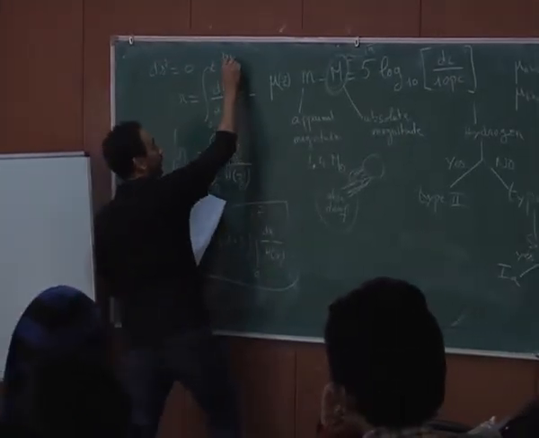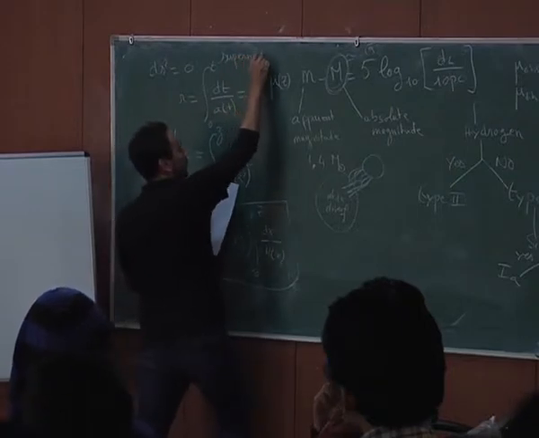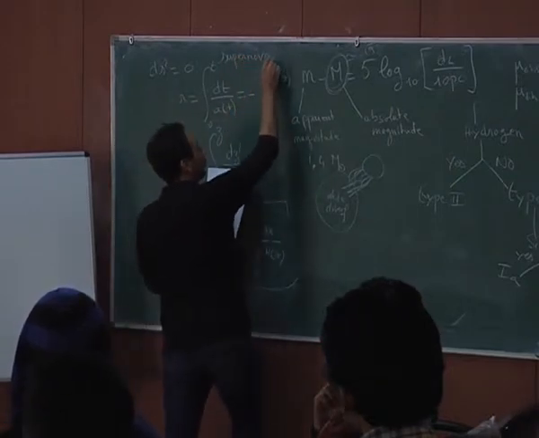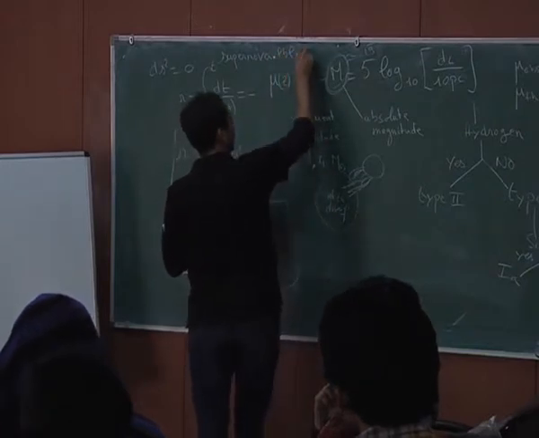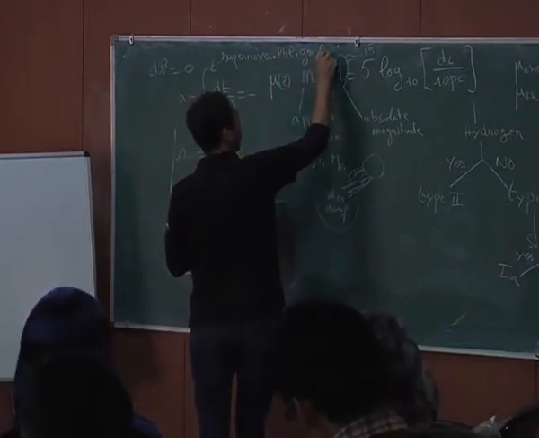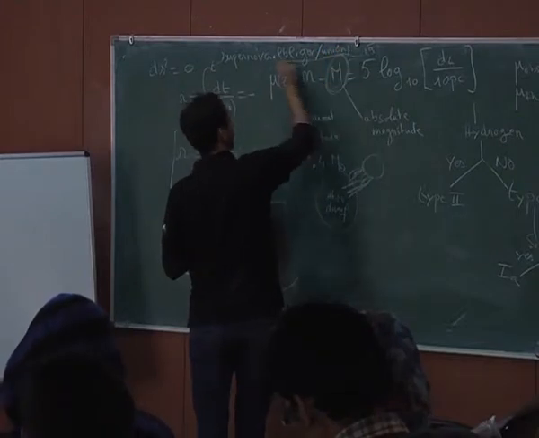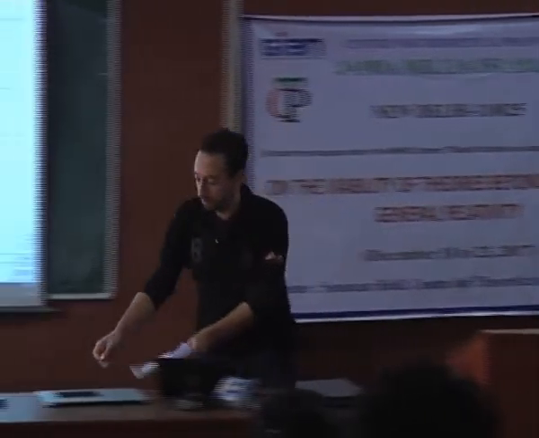It's called supernova.lbl.gov/union. Okay, so this is the website. Let me see if I have internet.